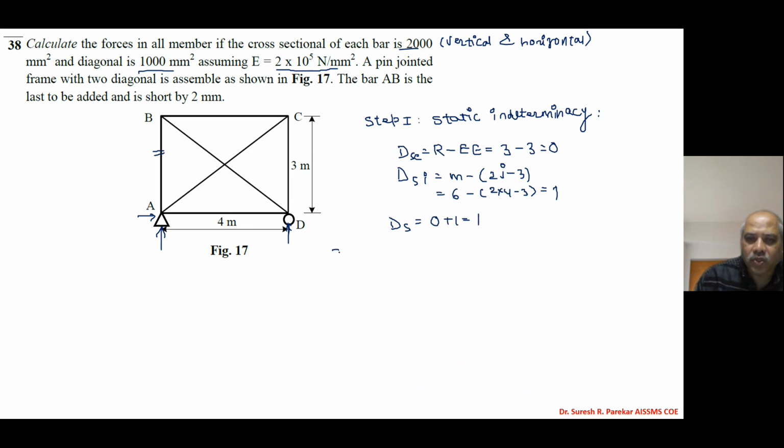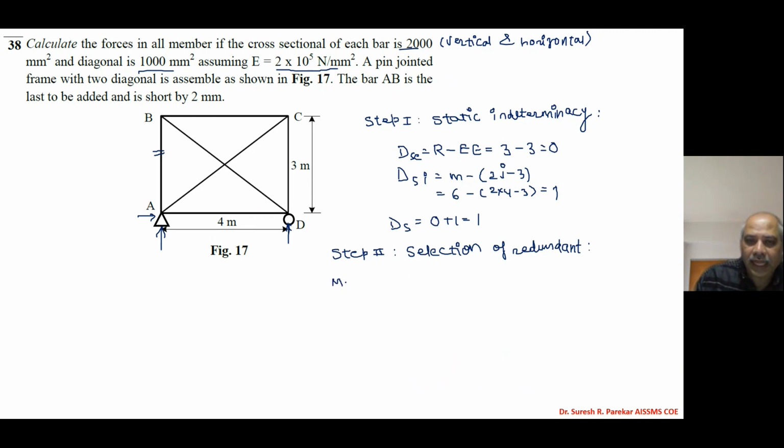Then we have step 2, selection of redundant. Then we have to consider the member which is short. That member we have to consider as redundant.